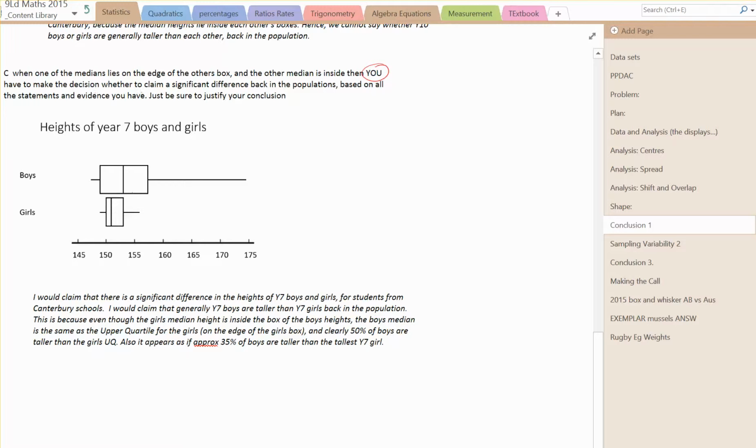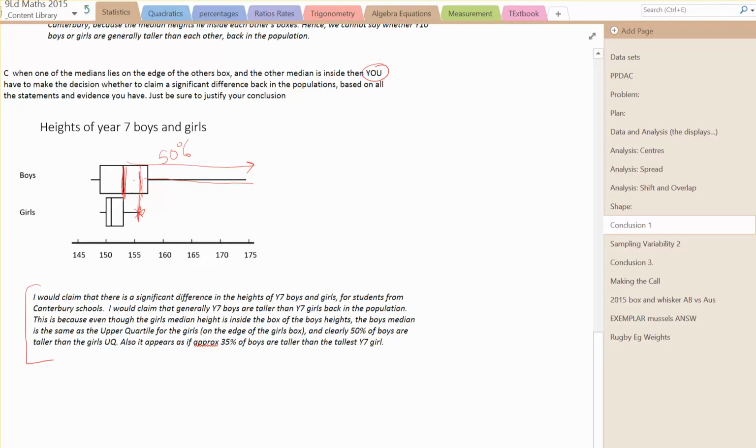You have to make the decision whether to claim a significant difference back in the population or not, and you'll need to use perhaps other statistics to make that claim. And if you pause and read what I've written here, you can see that I've thought about it, and while it is on the edge, there's still 50% of values here above the girls, and in fact over 25%, and I've suggested perhaps as much as 35% of boys' heights there are above the tallest girl.